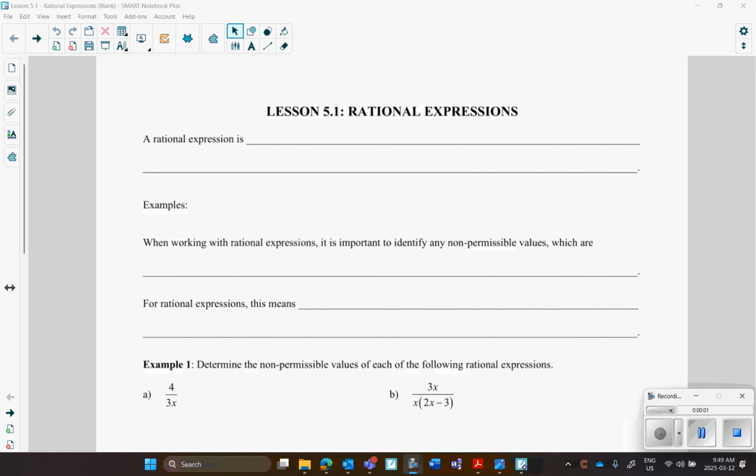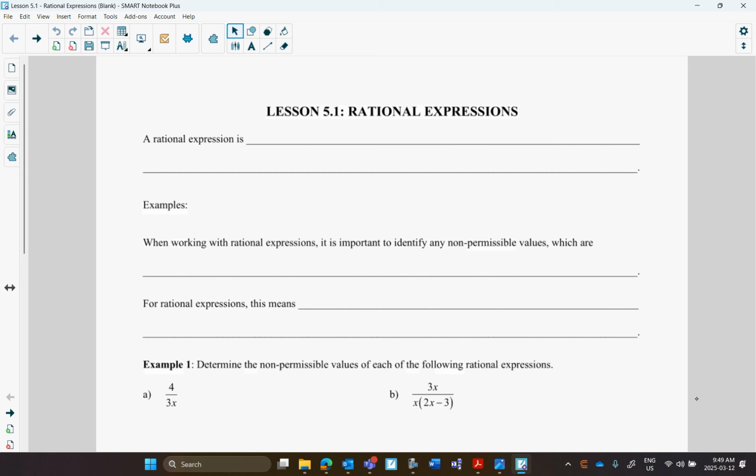So this unit is going to be all about fractions, specifically algebraic fractions. Now, you guys have done numerical fractions, like in middle school, where you learned how to reduce them, add them, subtract them, multiply them, and divide them, okay?